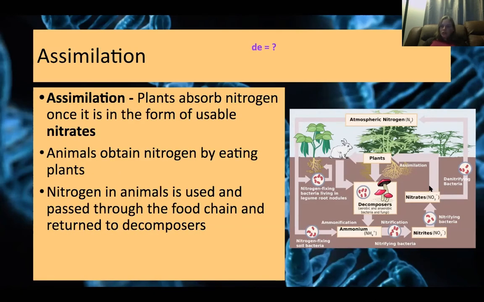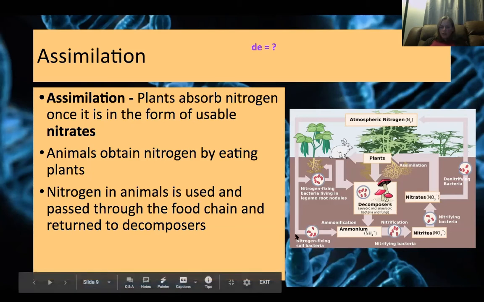When plants use nitrogen, we say that it has been assimilated. It's been taken into the plant and turned into part of its body. So plants are going to take in nitrates, which again were fixed by these nitrogen fixing bacteria in the soil or the roots of certain plants.